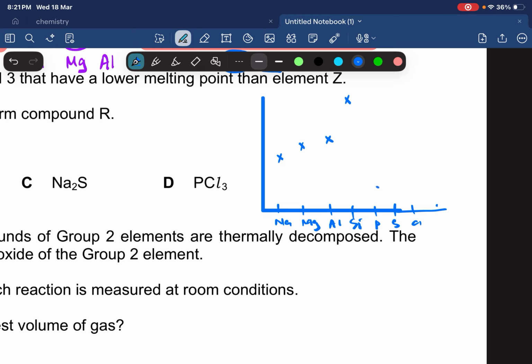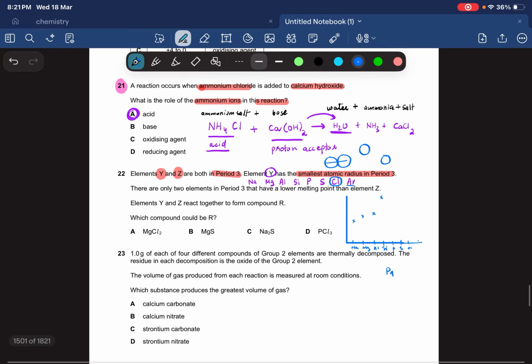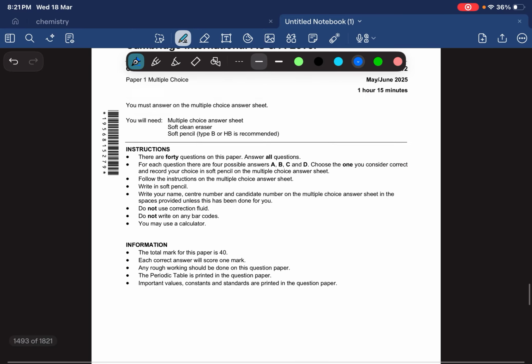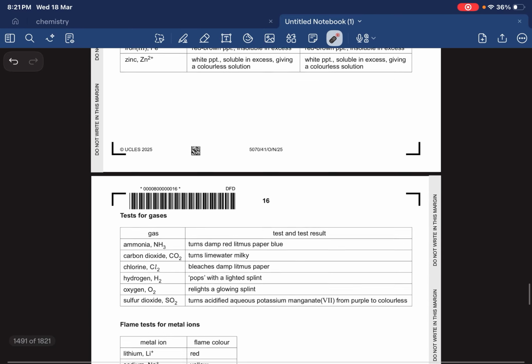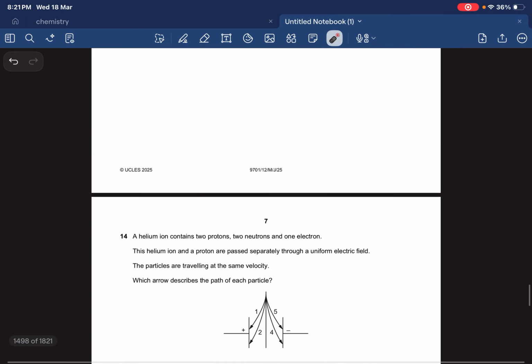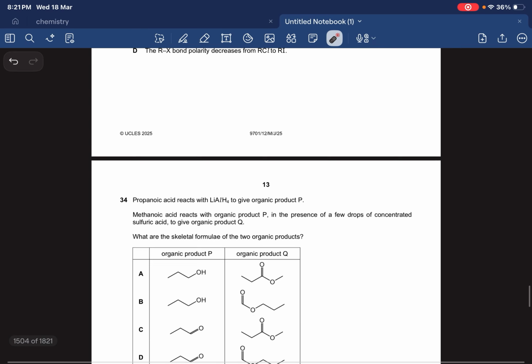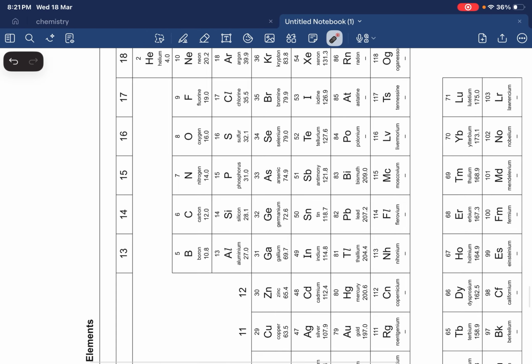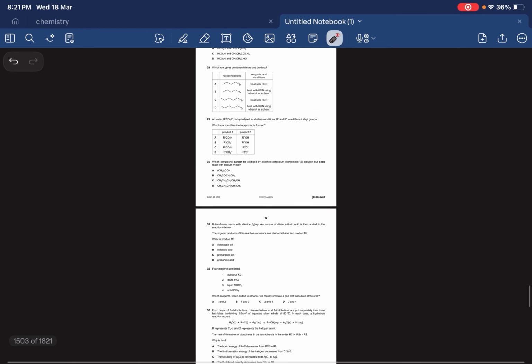So we know that we have the P4 molecule. So let's check for 1 P and then we're going to times it 4. 31 times 4.